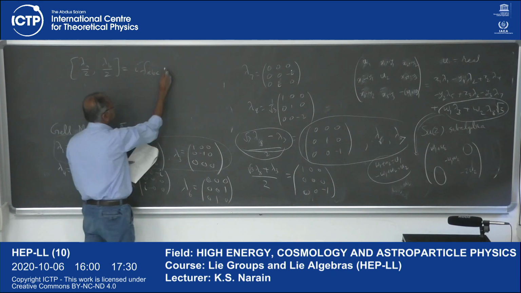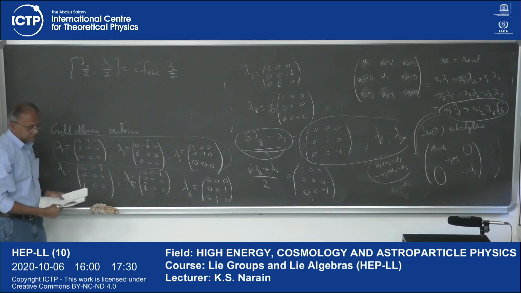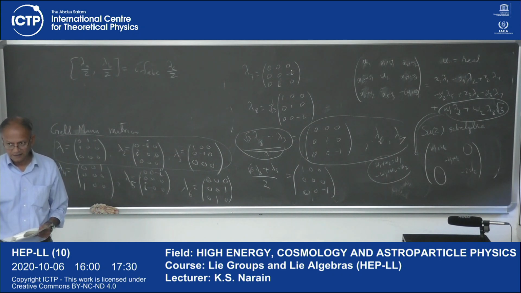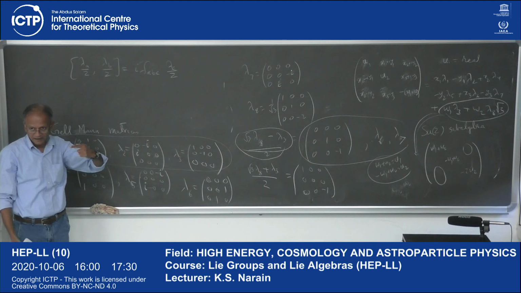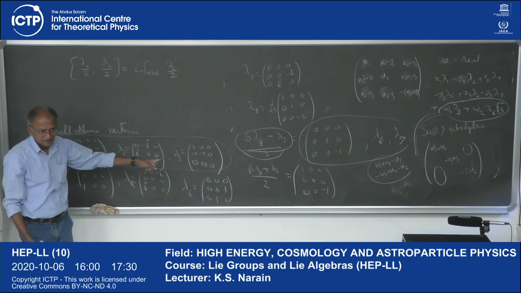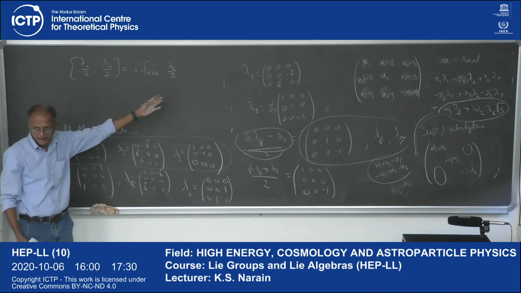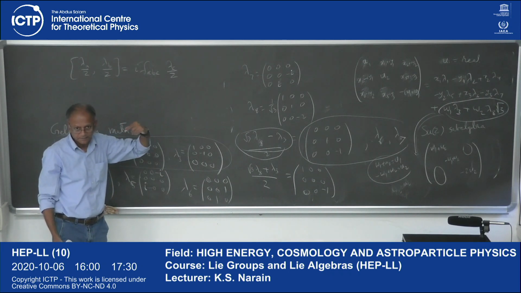It cannot be epsilon ABC because epsilon is a third rank, totally antisymmetric tensor, for which A, B, and C can only go from 1 to 3. But here A, B, C go from 1 to 8. So it's some third rank tensor, where A, B, C are all going from 1 to 8.